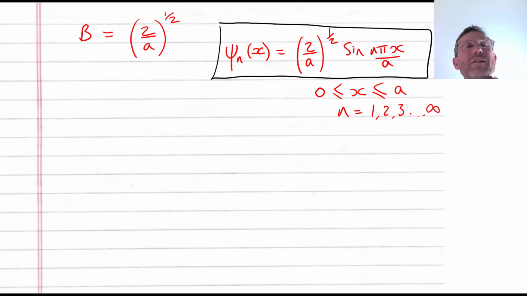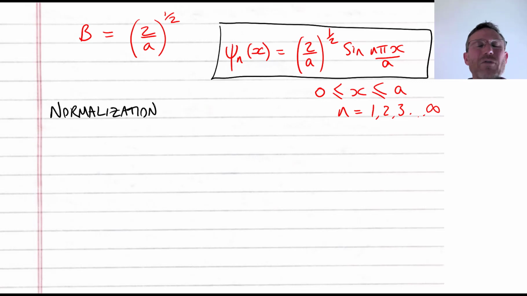Okay, so here is our solved wave function, and note that we've used the boundary condition associated with something we called normalization. We've used this normalization to find what we will call a normalization constant, that is, we've identified what that constant b can be.